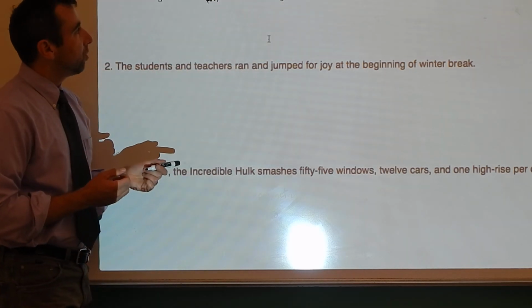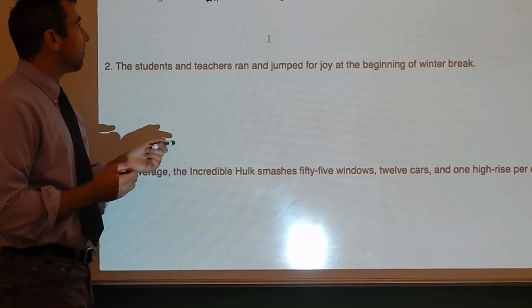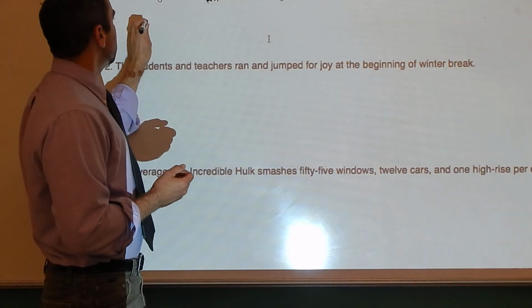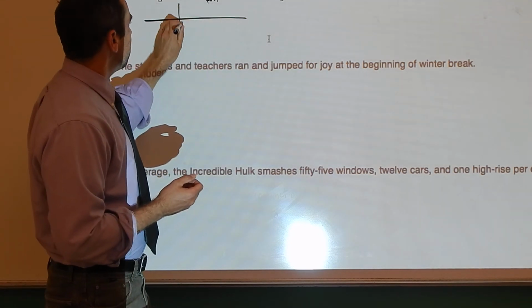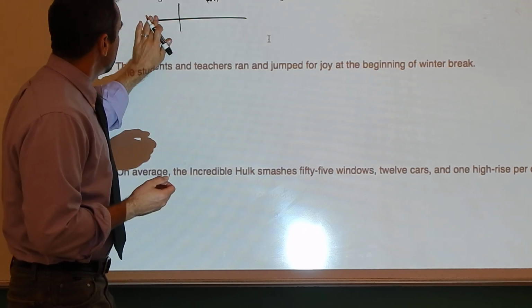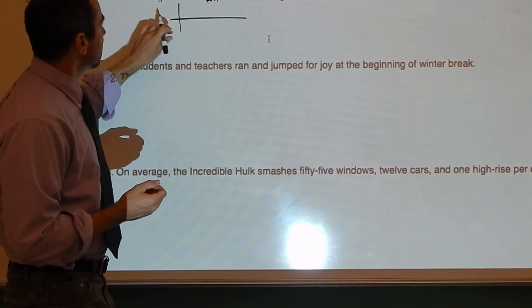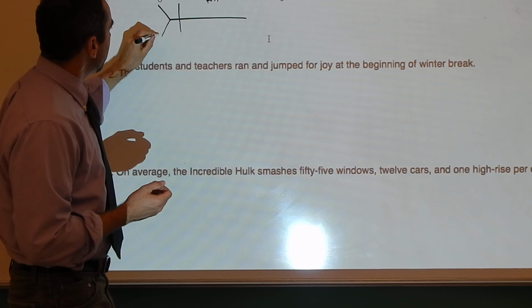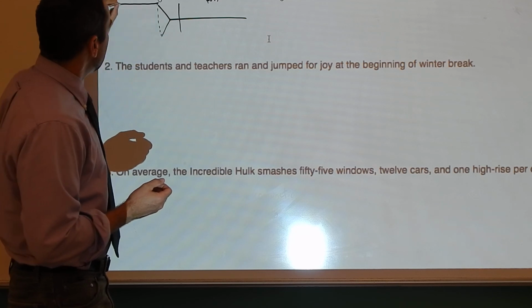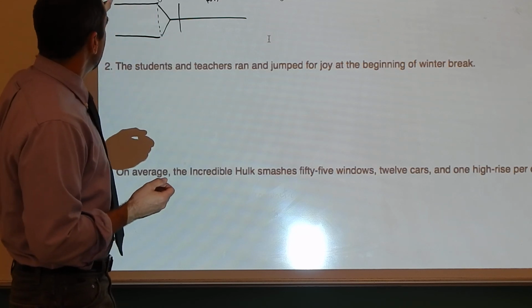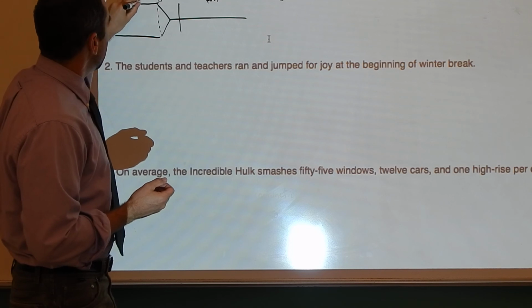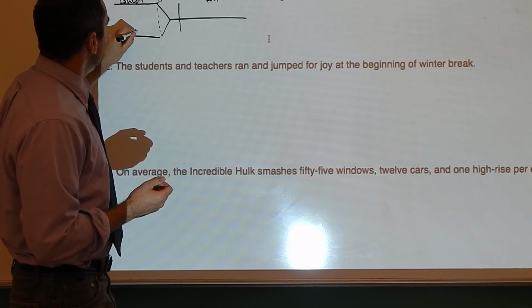Okay, so we're ready for the main line of the diagram, which normally would look like this. Oh, except we've got 2 subjects now, so we need our rocket ship, butterfly wing, whatever we want to call it. Bacon, eggs.